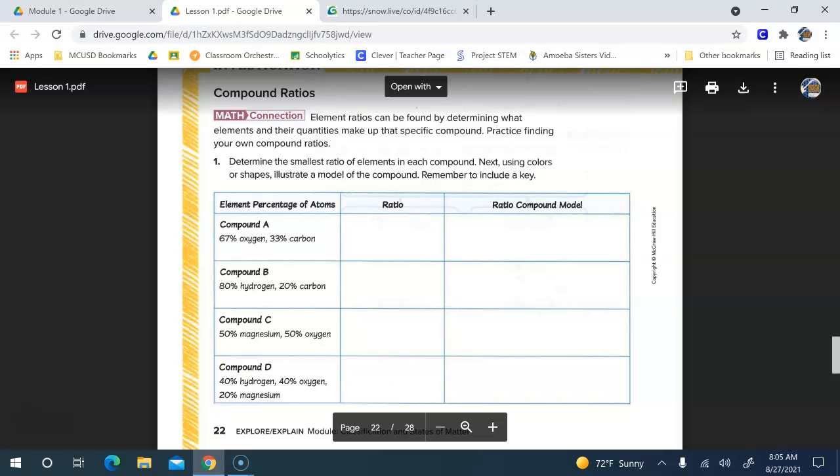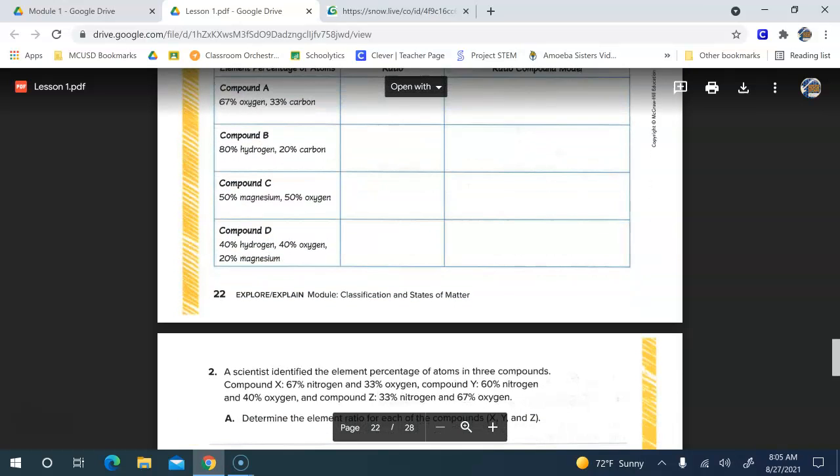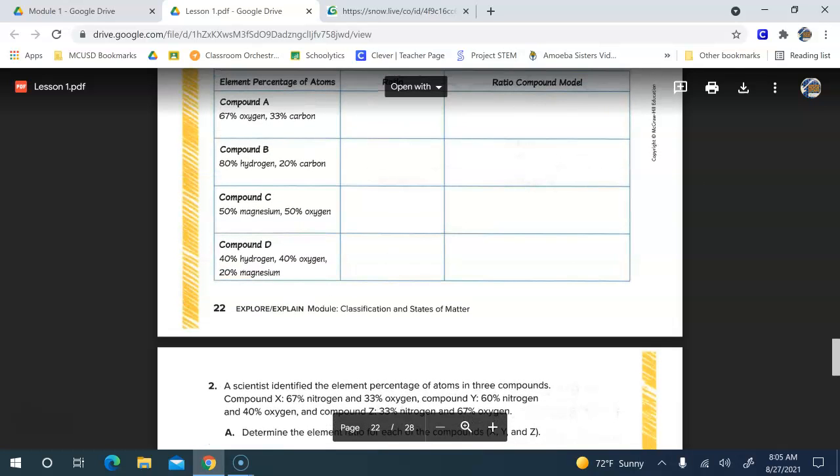Let's take a look at compound D. So we have 40, 40, and 20. These all have a common denominator of 20. So we divide each by 20.